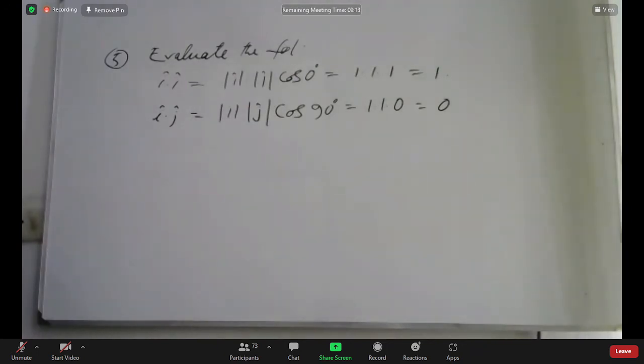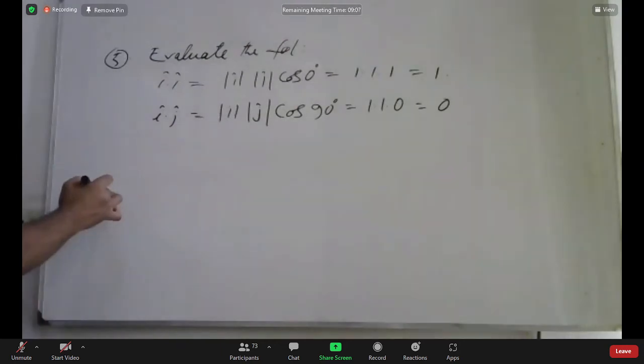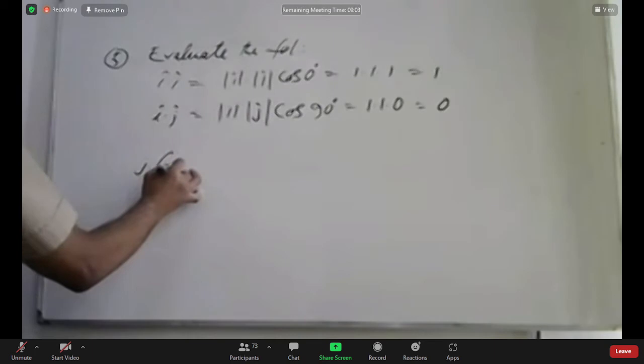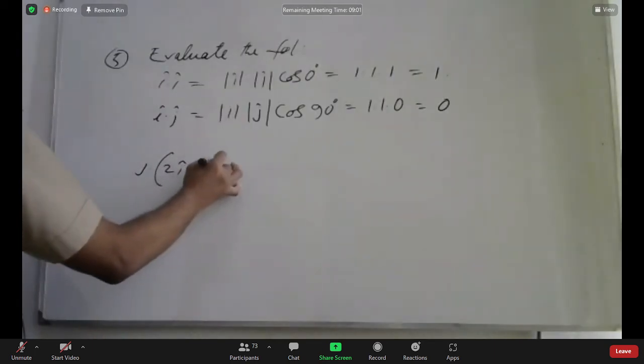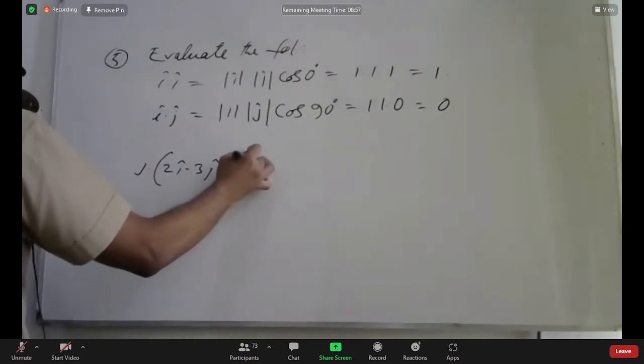এবার আমরা আরেকটা অঙ্ক করি। j dot (2i - 3j + k), এটা কি হবে? আমরা যদি এটাকে সিম্পলিফাই করি, কি হবে?